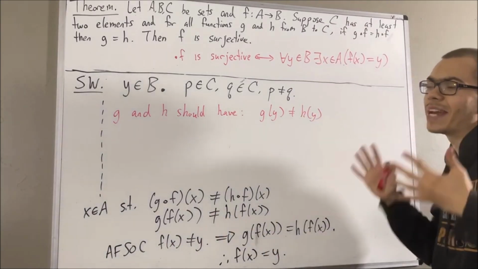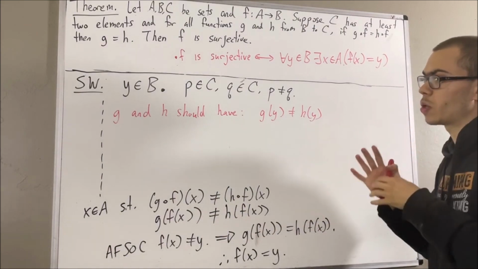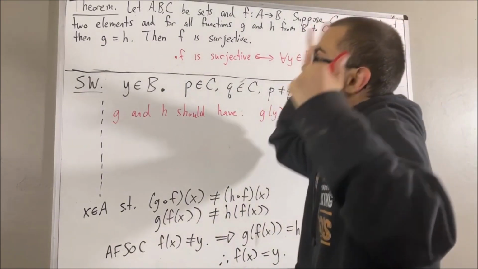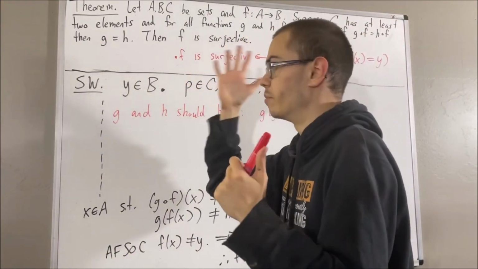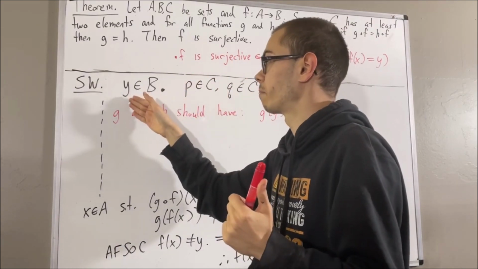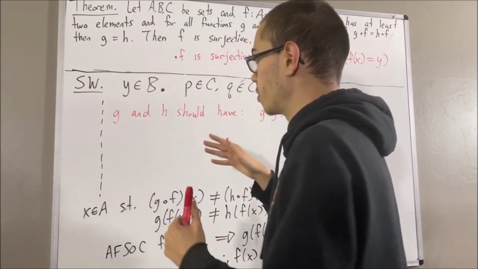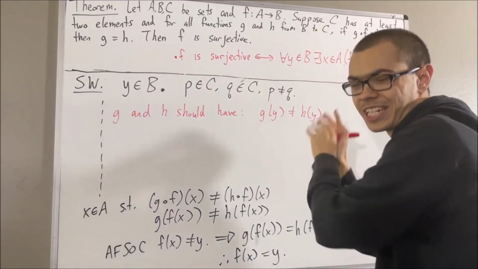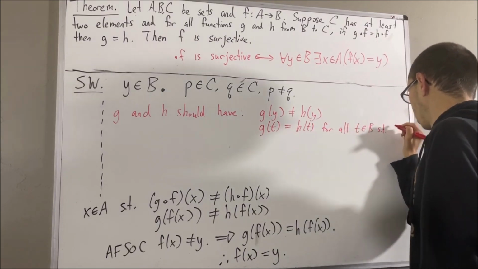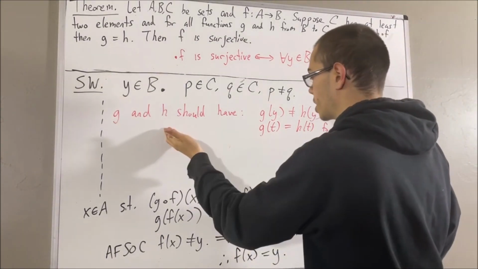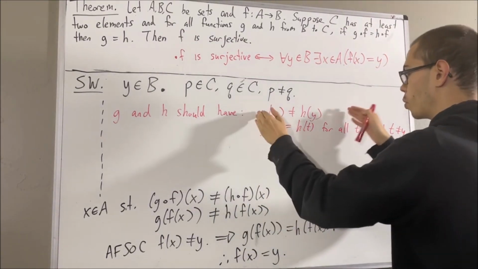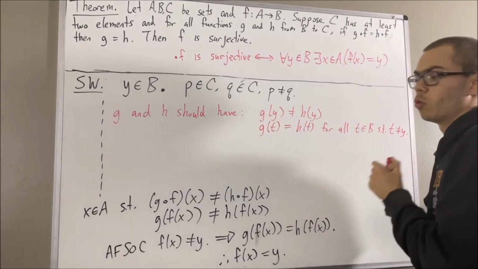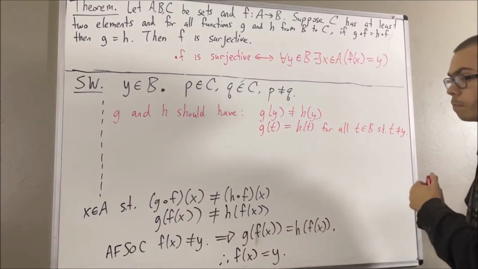And the way we can make that happen is we can make sure that for every element t in B that is not y, when we send t into the functions g and h, we get that g of t is equal to h of t. If we construct g and h so that they satisfy both these conditions, we should expect this argument to follow.